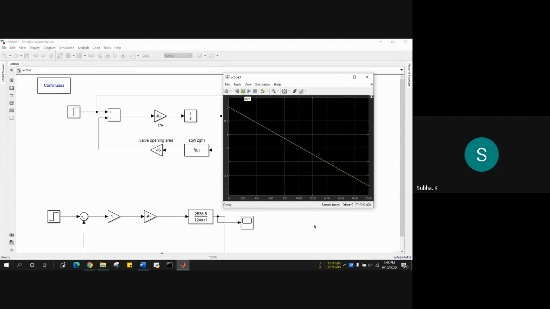You save the file. Some mistake is there. What about the second value?